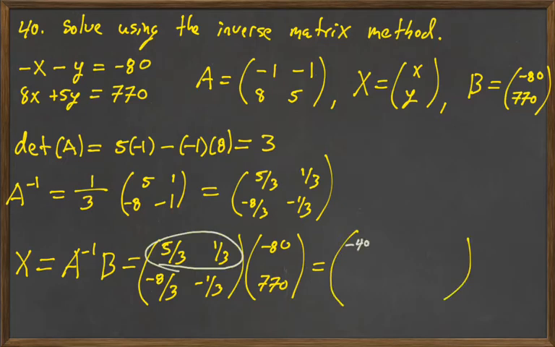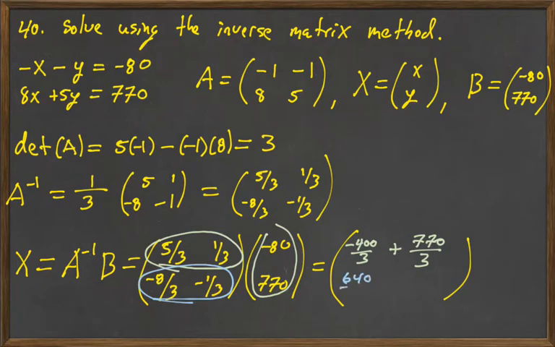So 5/3 times negative 80 and 1/3 times 770. So it'll be negative 400 over 3 and 770 over 3. And then negative 8/3 times negative 80 will be 640 thirds. And then negative 1/3 times 770 will be negative 770 over 3.